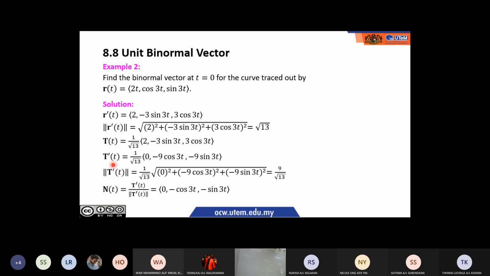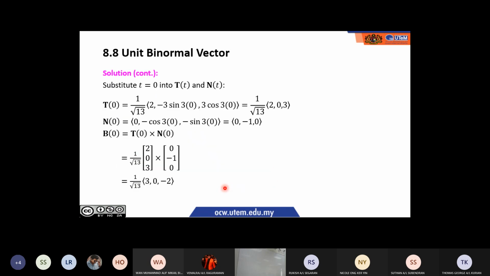Then the magnitude of T prime. Leave it, find the magnitude of this, then you will get a value. Then your N, according to the formula, is T prime over the magnitude of T prime. This is your T prime divided by this, you get this.